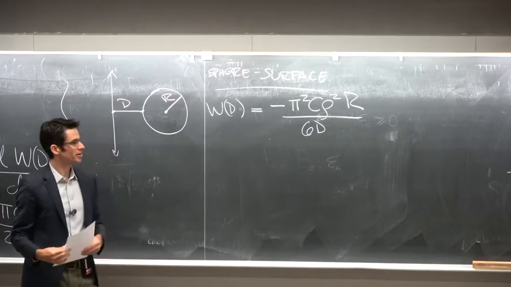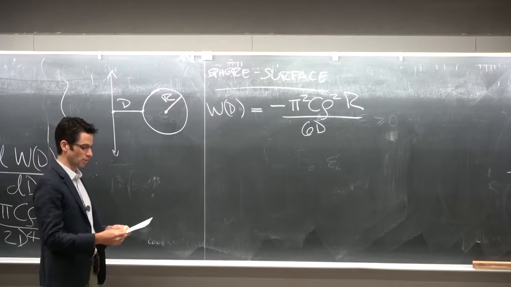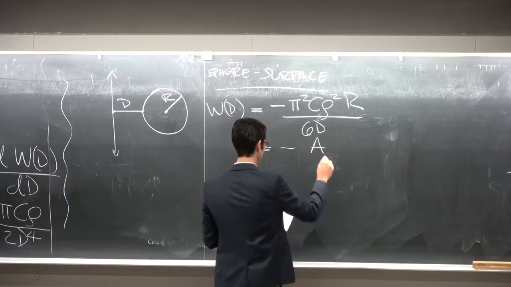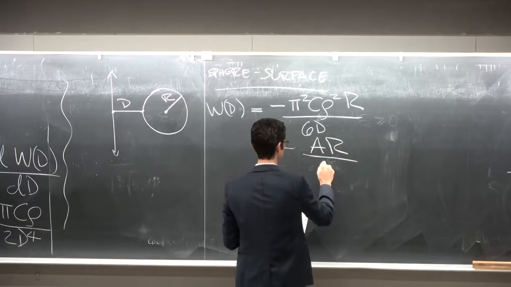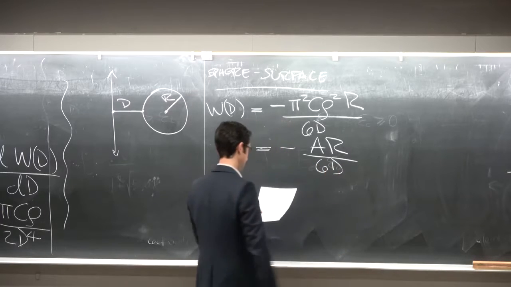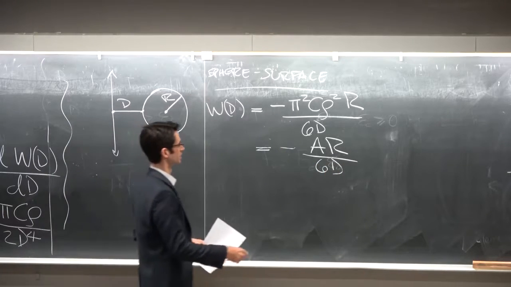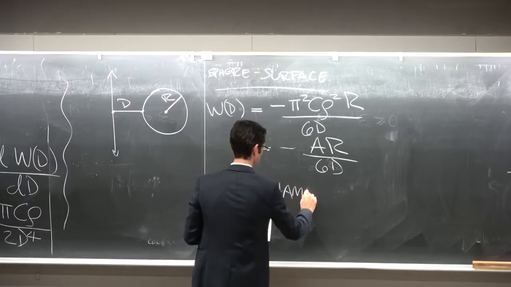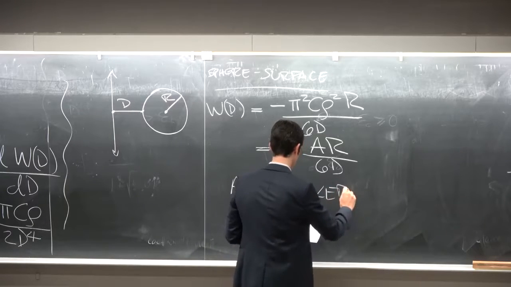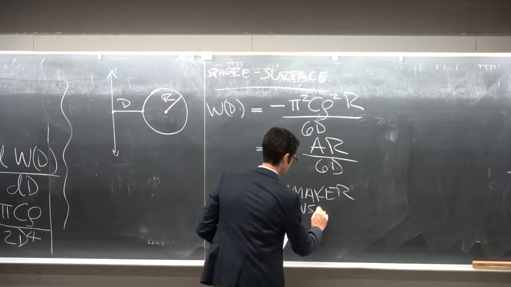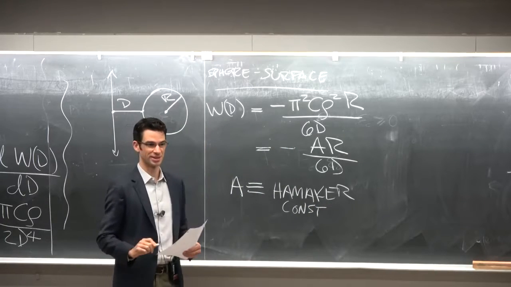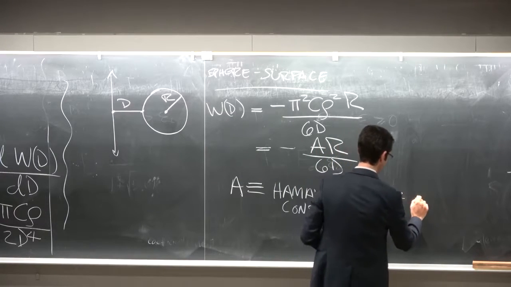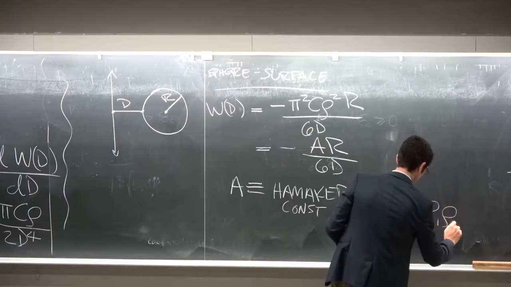And because we get tired of writing the pi squareds and the C's and the rhos, we ball all that stuff up into a parameter called A, the Hamaker constant, and we have minus AR over 6D, where the Hamaker constant A is pi squared C rho 1 rho 2.